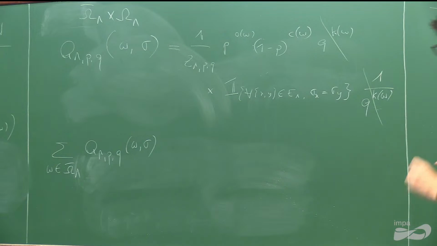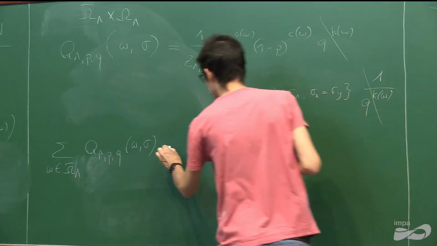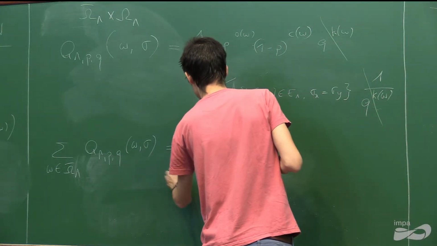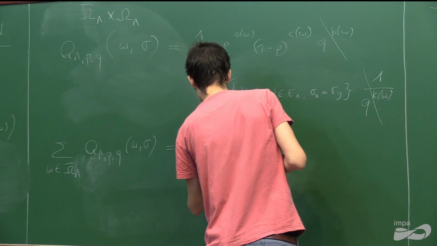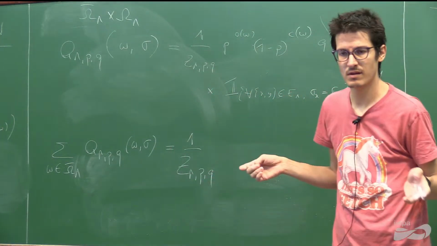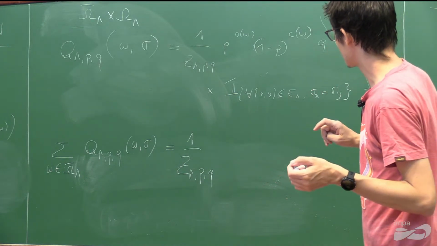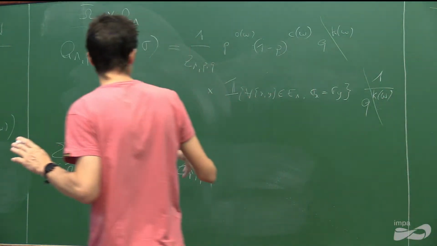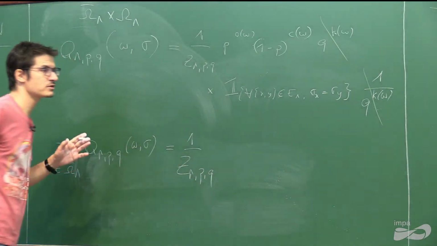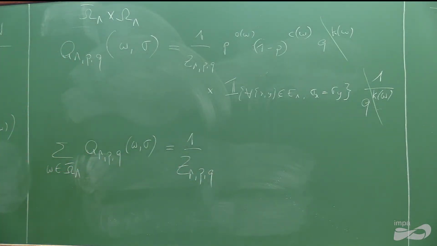Let us try to see what that is. You have this thing, but it is not really important. It's just a constant. What we want to see is that what we get after summing is something which is proportional to the exponential of our Potts Hamiltonian.